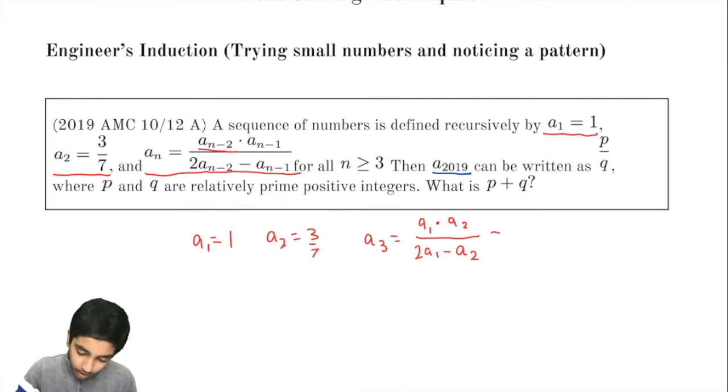A1 is 1, A2 is 3/7. So we divide this by 2 minus 3/7, which is going to be equal to 3/7 over 11/7, which is 3/11.